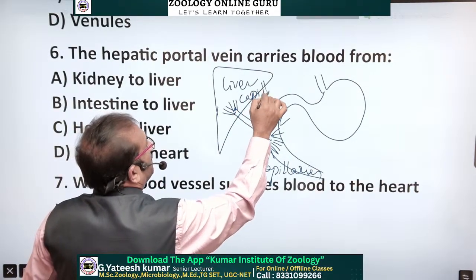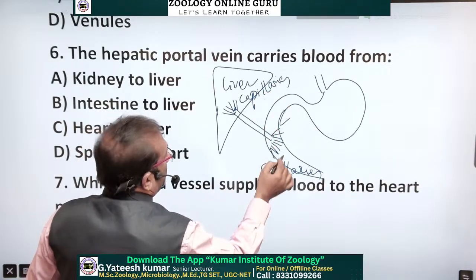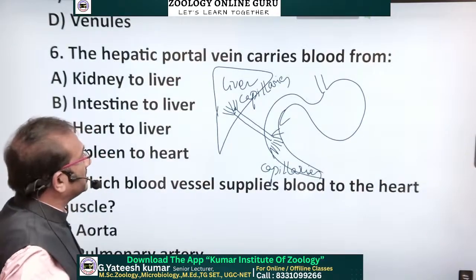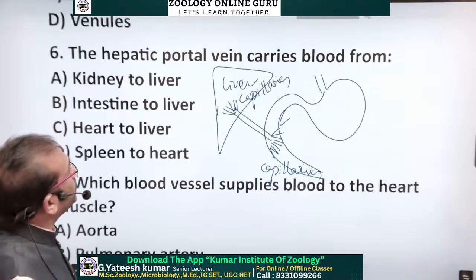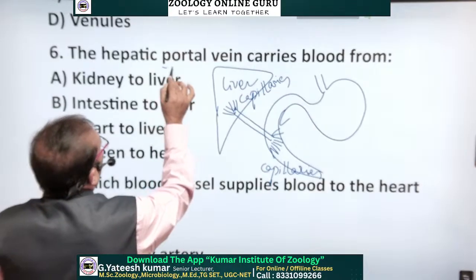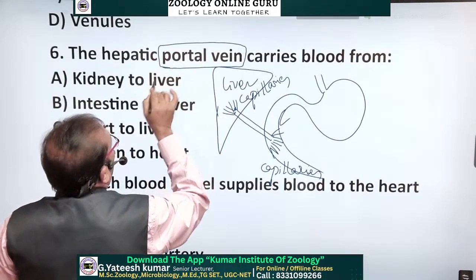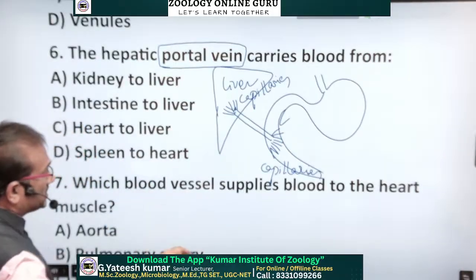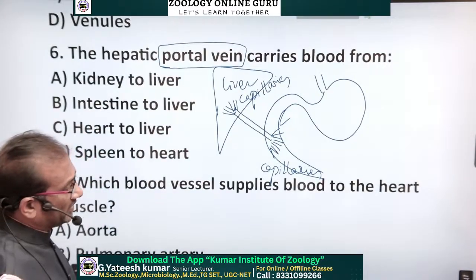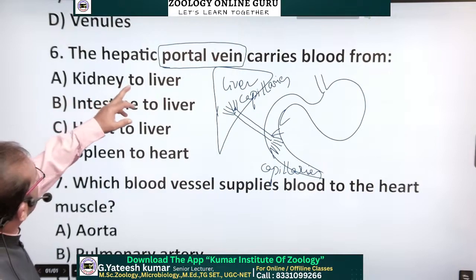See here, blood vessels starting with the capillaries and ending with the capillaries, that system is known as a portal system. We have portal veins. So starting with capillaries and ending with capillaries, that is called the hepatic portal system.